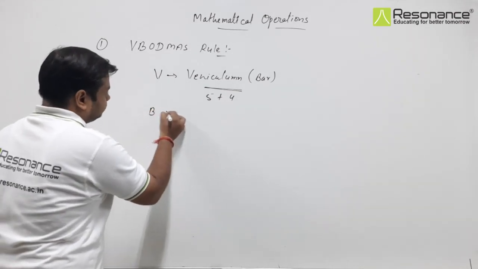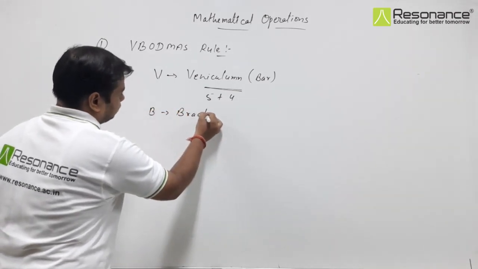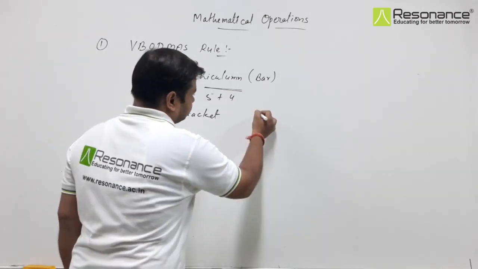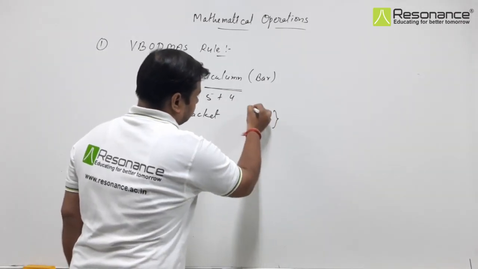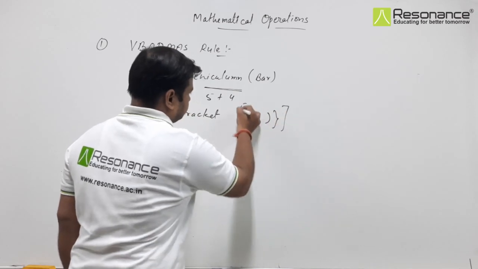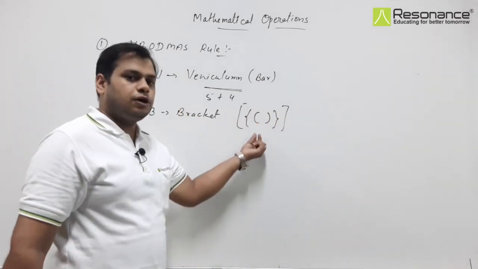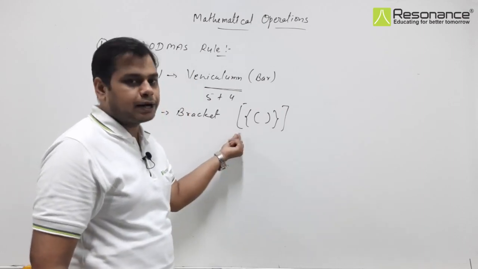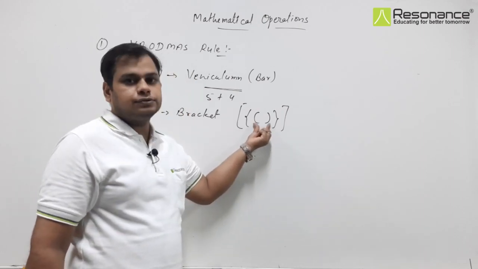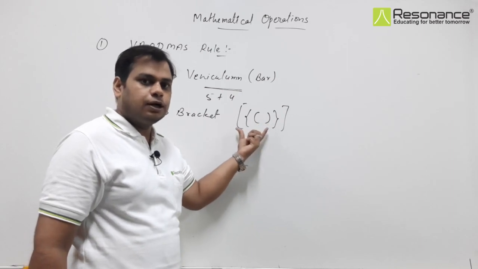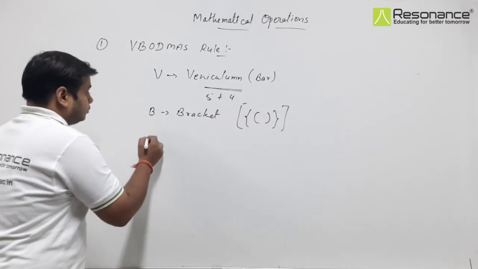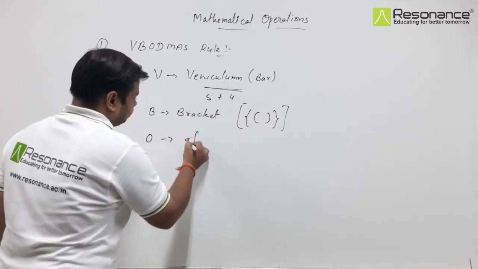The second one is bracket. We know about bracket. There are three kinds of bracket: small, curly and large, and the sequence of solving is from inside to outside. That means if we have all three kinds of brackets, first of all we have to solve small, then curly, then large bracket. O means off.